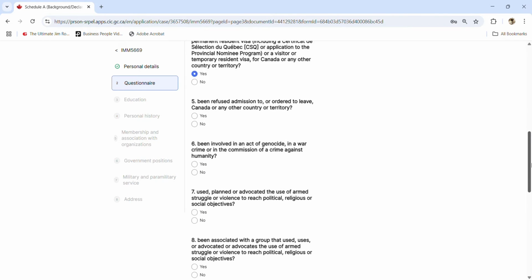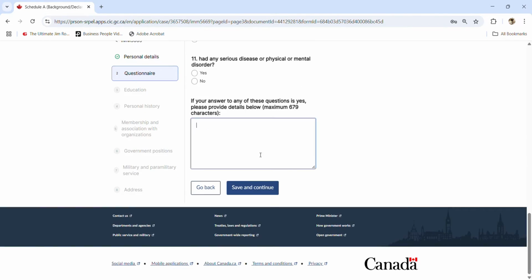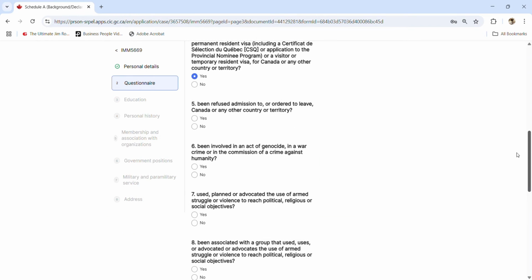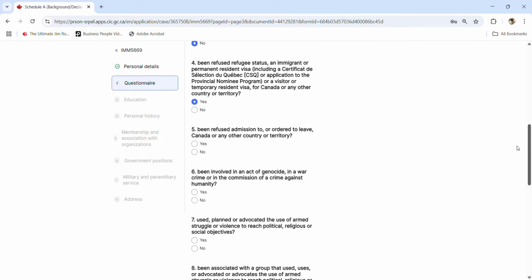And with the yes, I have to put the explanation in here. For example, I applied for a visitor visa to come to Canada on July 2nd, 2019, but was refused because the reason in the denial letter was I could not provide IRCC sufficient financial support and I had no travel history in the past. Okay, so whenever you answer yes to one of those questions above, then you have to explain in that box.